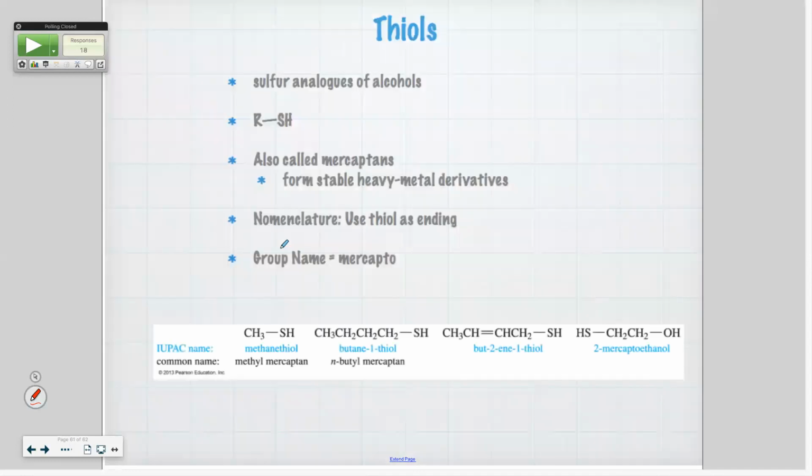Oh, okay. The thiols. The big thing about thiols is that they stink. Did you know that? SH compounds stink. Pure sulfur does not stink. I had to go to the stockroom and open the bottle of pure sulfur, and it doesn't stink.